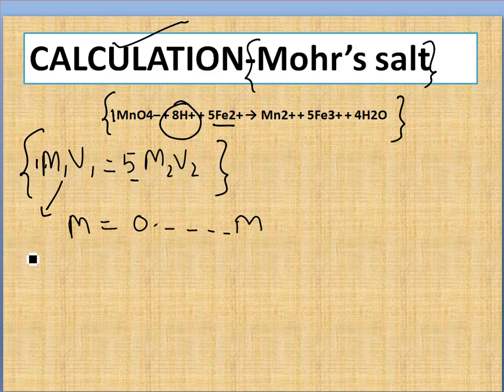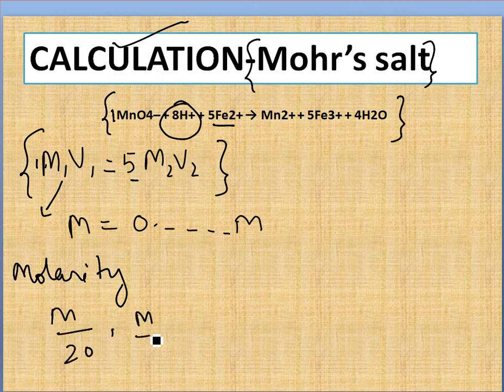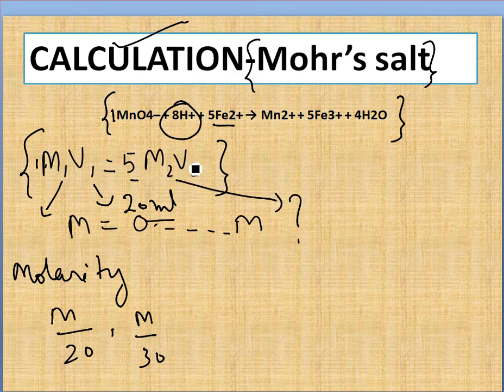M1 will be the molarity that is given in the question, M by 20, M by 30, whatever is given in the question. V1 will be your 20 ml, which you have taken in the pipette. M2 you have to find out, the molarity of the unknown, and V2 will be your concordant reading, the reading you get the same at the last of the titration, known as the concordant reading.